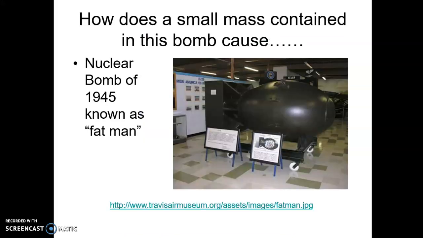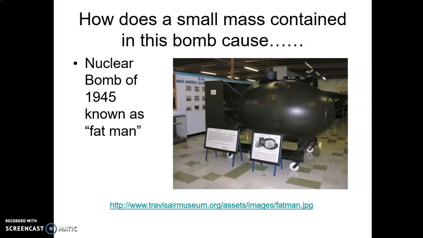So, just as a quick word of information, if anybody has ever heard of the nuclear bomb in 1945, it was called the Fat Man. Okay, this has everything to do with nuclear chemistry and understanding what nuclear chemistry does. In this situation, isotopes become unstable, and they put a bunch of unstable isotopes in one small unit.